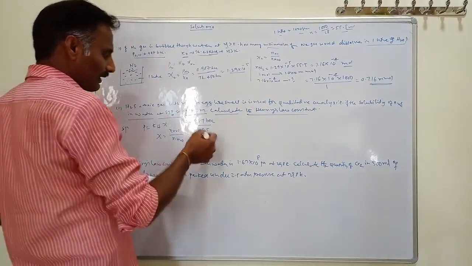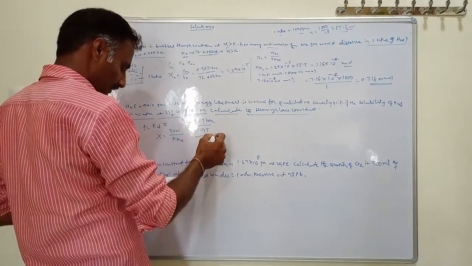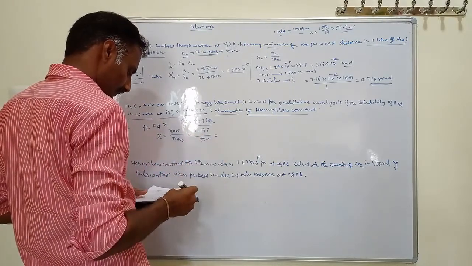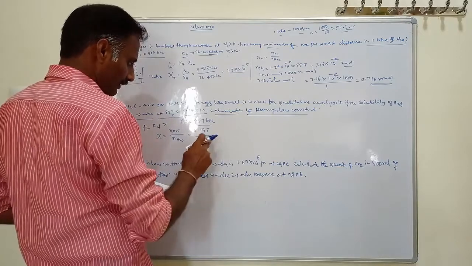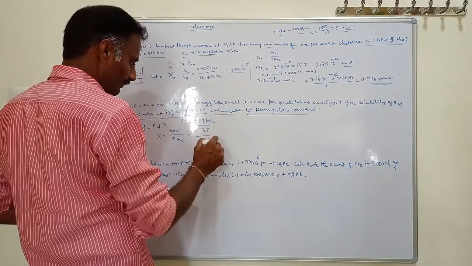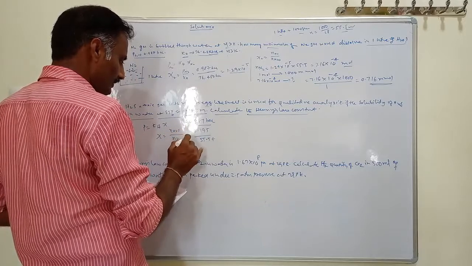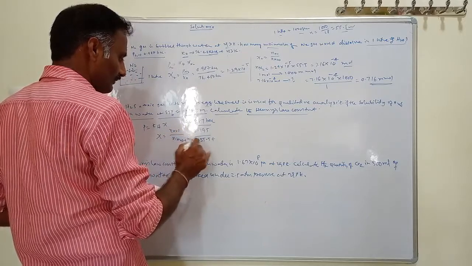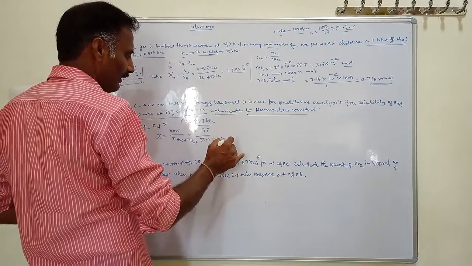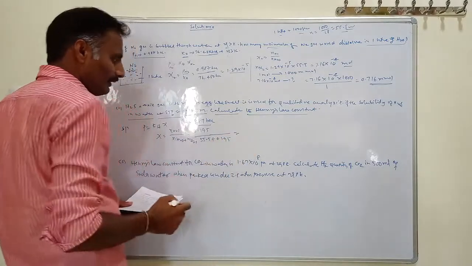Then 0.195 divided by 55.5 plus 0.195, because the number of moles of H2S is not negligible.